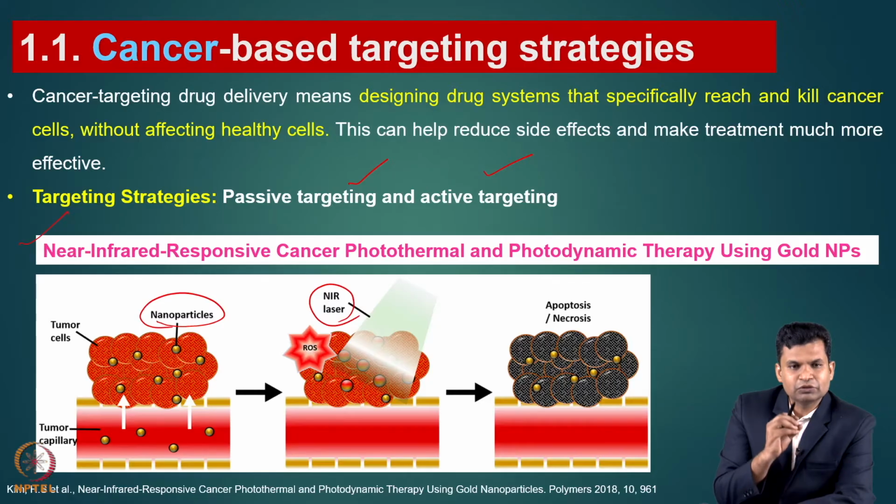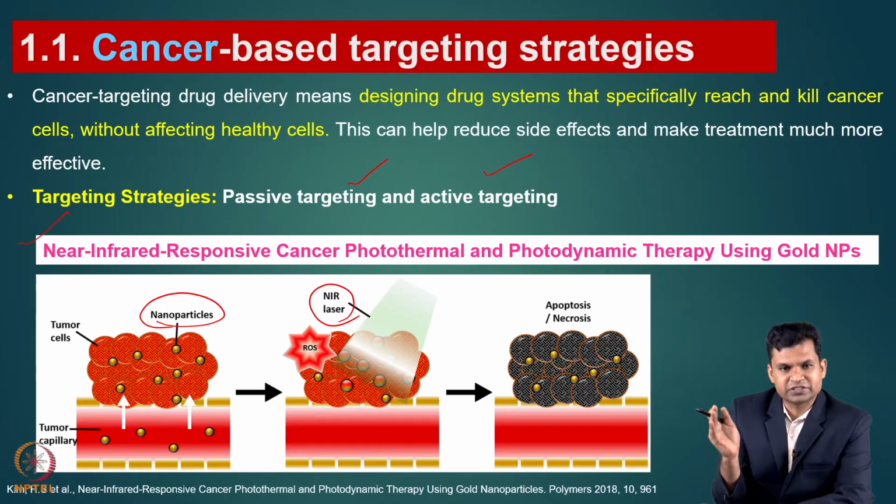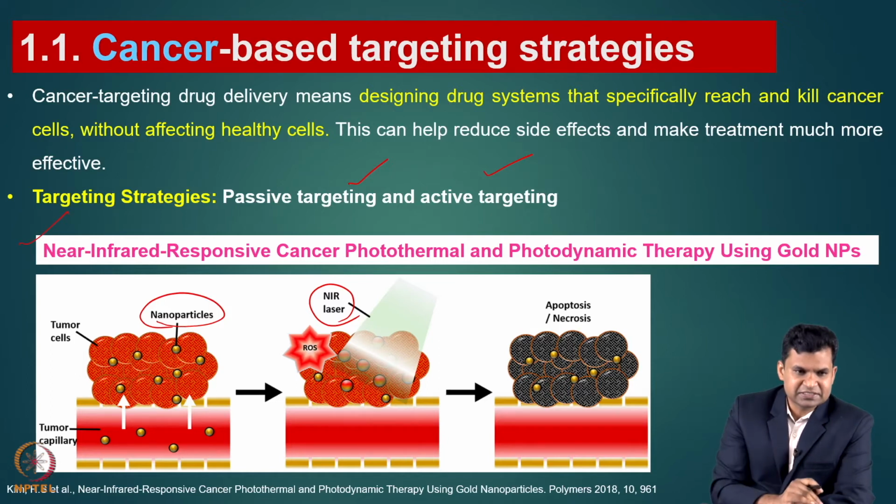When the carrier reaches the cancer cell and you give the stimulus from an external source, the carrier will respond and release the required molecule at the target site. In normal cells some concentration of the carriers may reach, but the drug and the carrier will not show the effect. So, with that we can reduce the side effects.